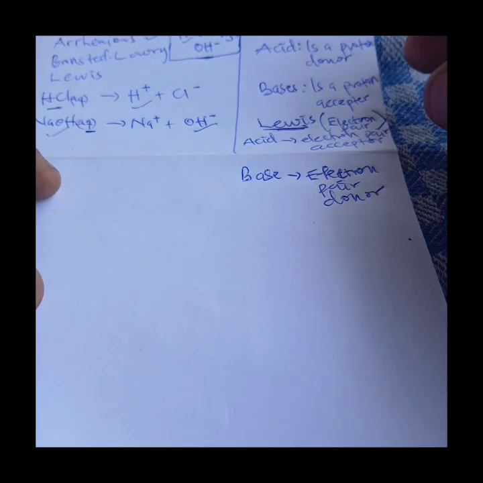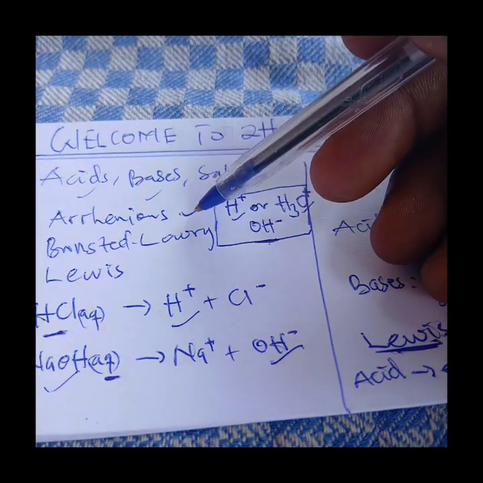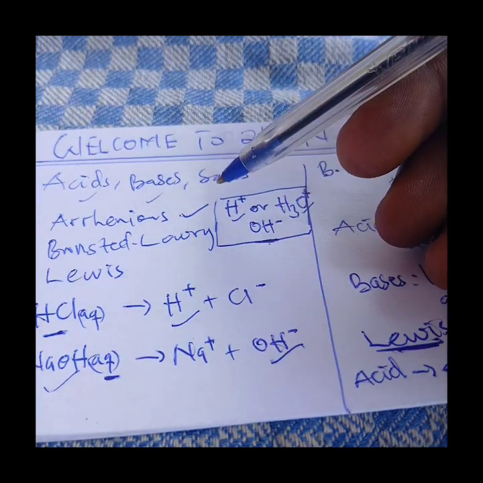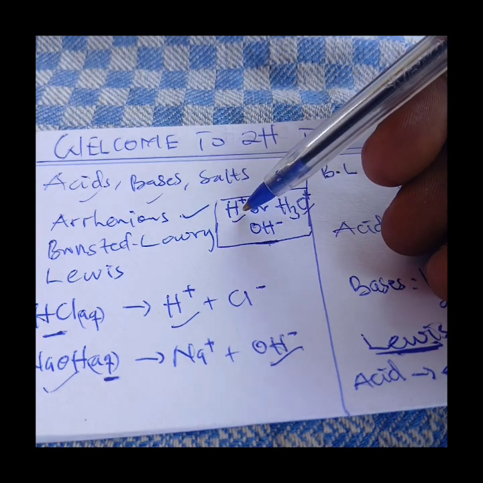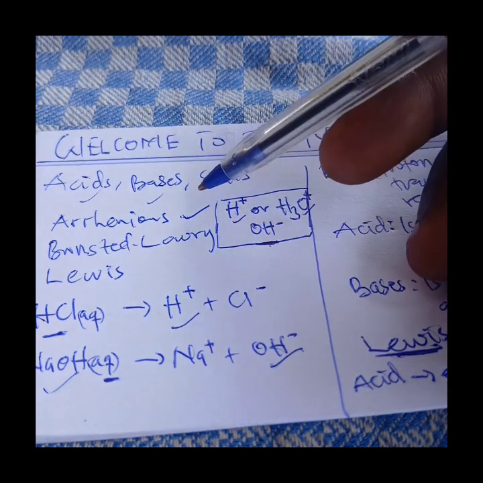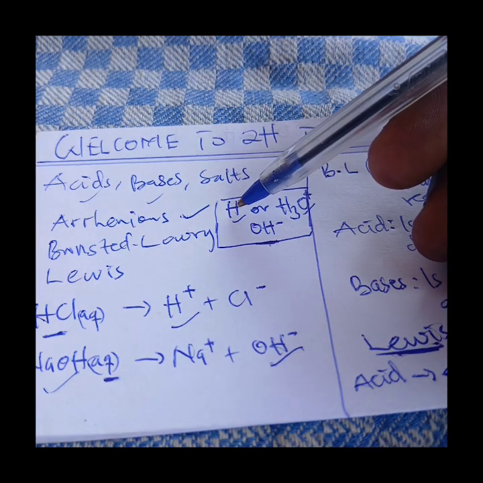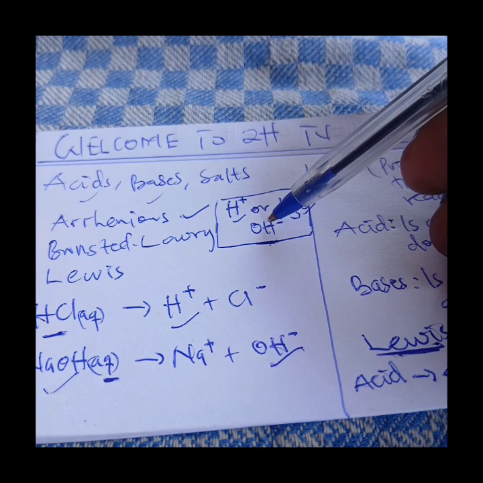We started with the Arrhenius definition, and we said that one is based on whether a substance will be able to produce hydrogen ion or hydroxide ion. So if it produces hydrogen ion in water, it is termed acid. When it produces hydroxide ion in water, it is termed base.